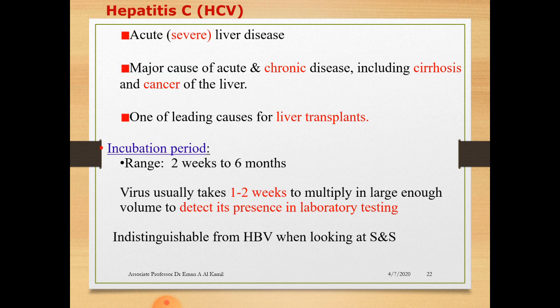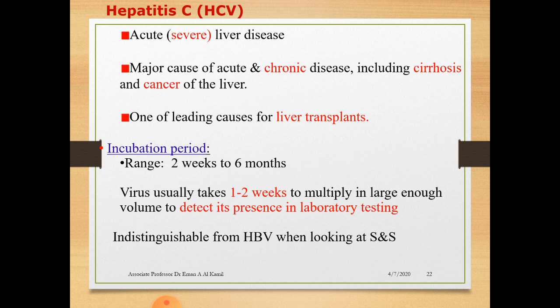Another infection is hepatitis C virus, or hepatitis C. It is caused by the hepatitis C virus, and it can be a severe disease. It is a major cause of acute and chronic disease, including cirrhosis and cancer, and it is also one cause of liver transplantation because of liver failure or liver cirrhosis.